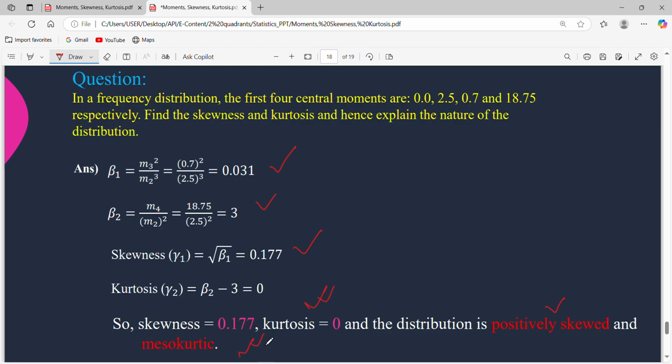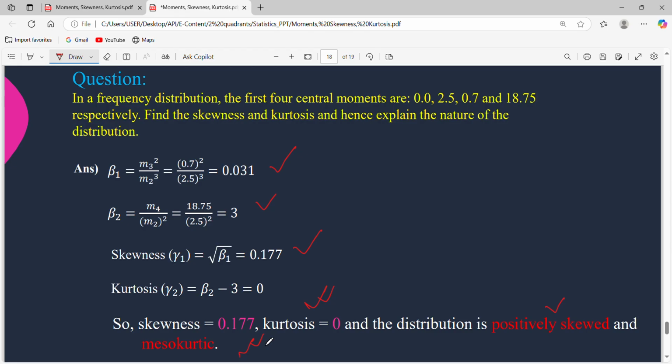In this way, according to the conditions of gamma 1 and gamma 2, and whether the value is positive, negative or zero for skewness and kurtosis, we can explain the nature of the distribution.